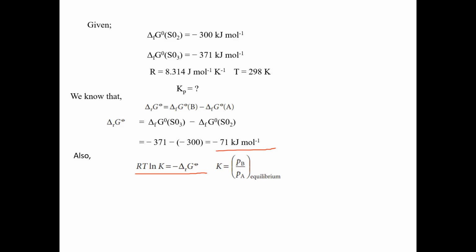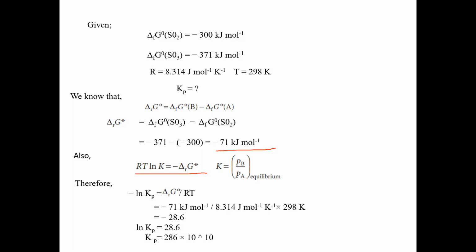We just have to substitute the values, then we get the value for ln Kp. So by substituting these values, we get ln Kp equal to 28.6, where the units all get cancelled, like mole gets cancelled, Kelvin gets cancelled.